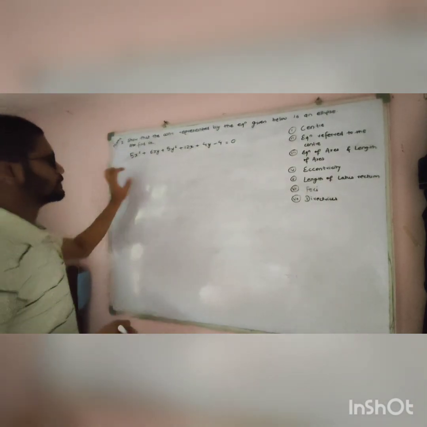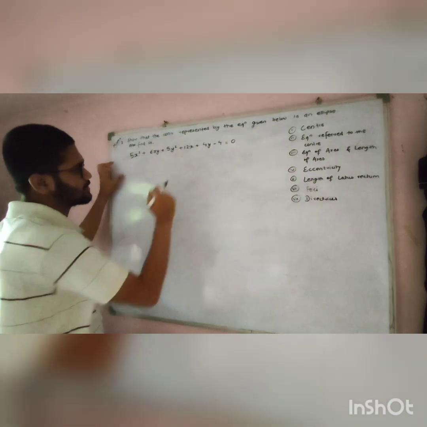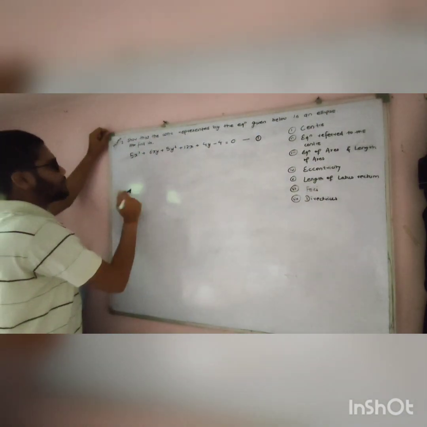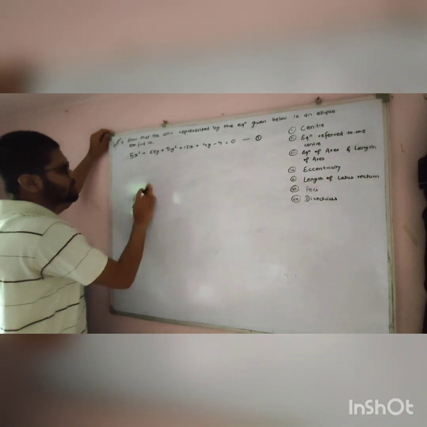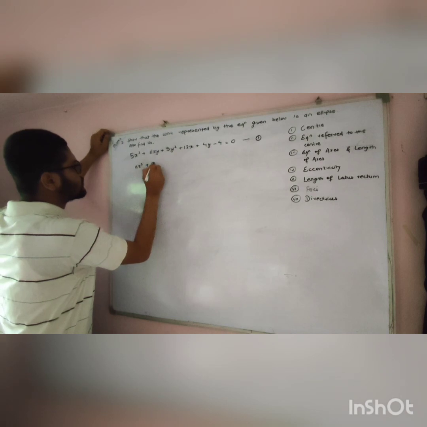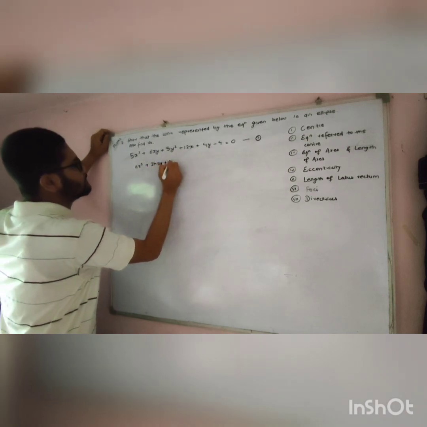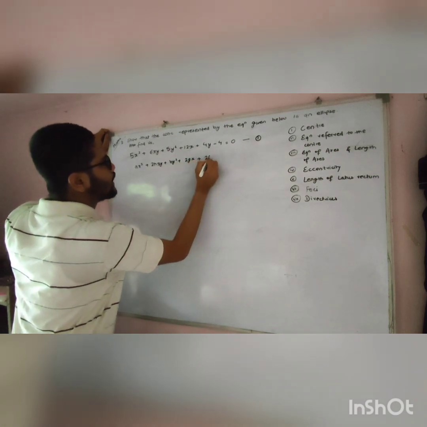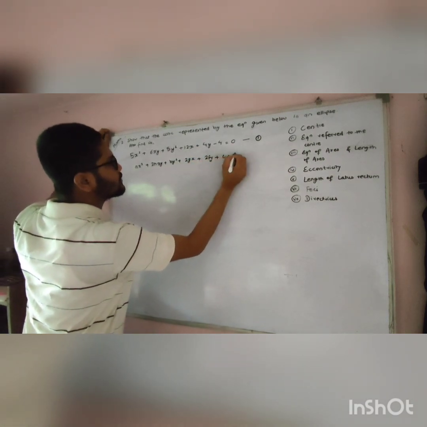So I'll first call this equation equation 1, and we know the general equation of second degree, that is ax square plus 2hxy plus by square plus 2gx plus 2fy plus c equals to 0.